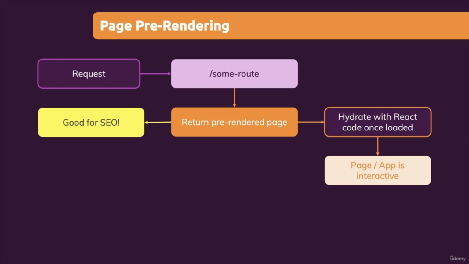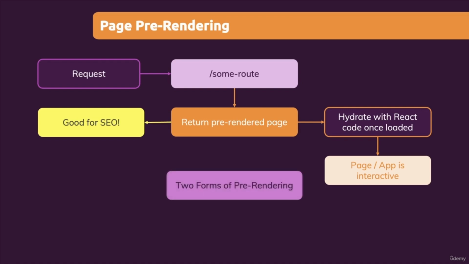But if we wanna pre-render a page with data so that this initially returned HTML code already contains the data, we need to fine-tune this built-in pre-rendering process, and we need to configure it. And for this, Next.js gives us two forms of pre-rendering which we can use for controlling how the pages should be rendered.